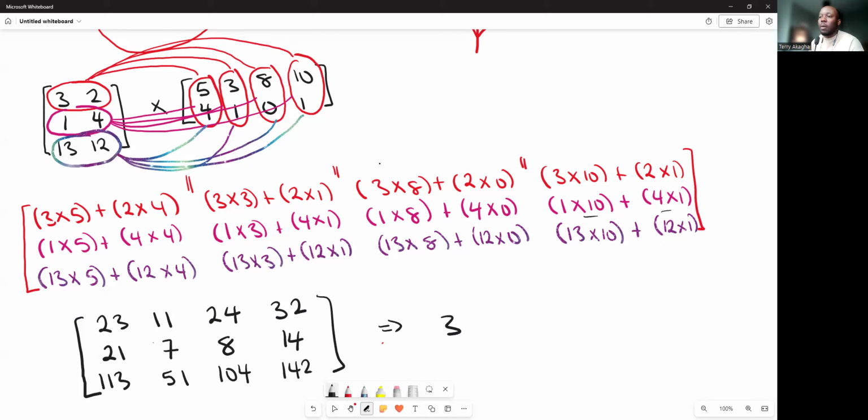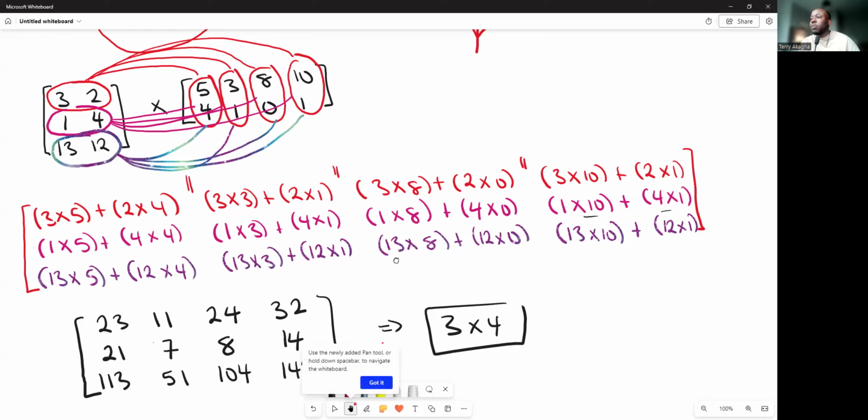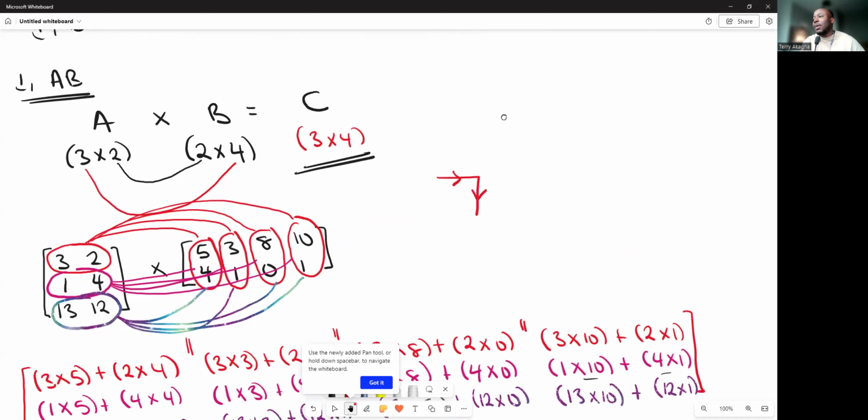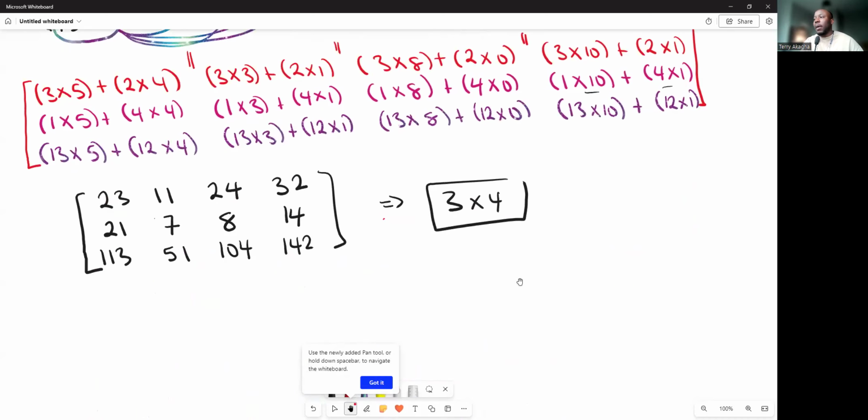This is 3 rows. And how many columns? It's 4. So it's a 3 by 4 matrix. So let's see, was that what we were expecting? A 3 by 4? Yep, that was what we were expecting, a 3 by 4. So you can see we had exactly what we expected.